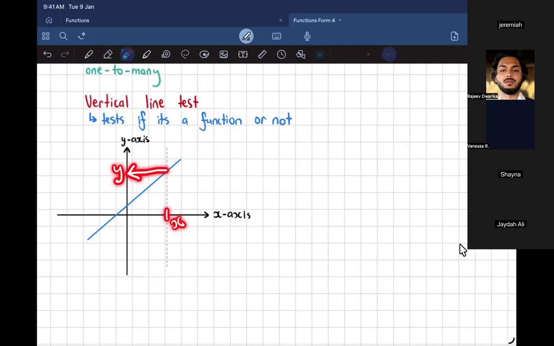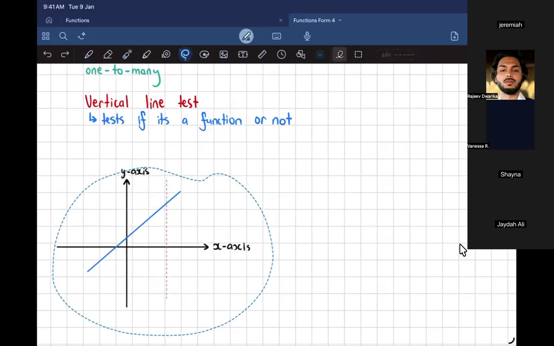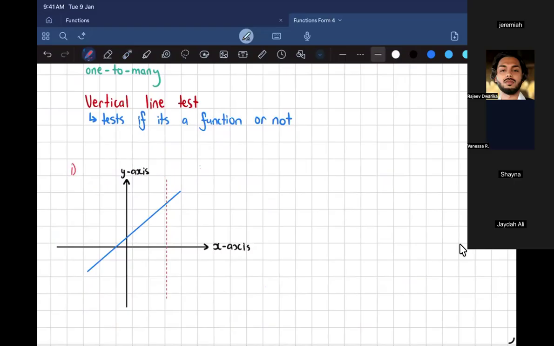So if you do the vertical line test and you see one intersection, it is a function. So this is our function, right? Cool. I will go over it at the end. Don't worry. All right, so this first example is a function.